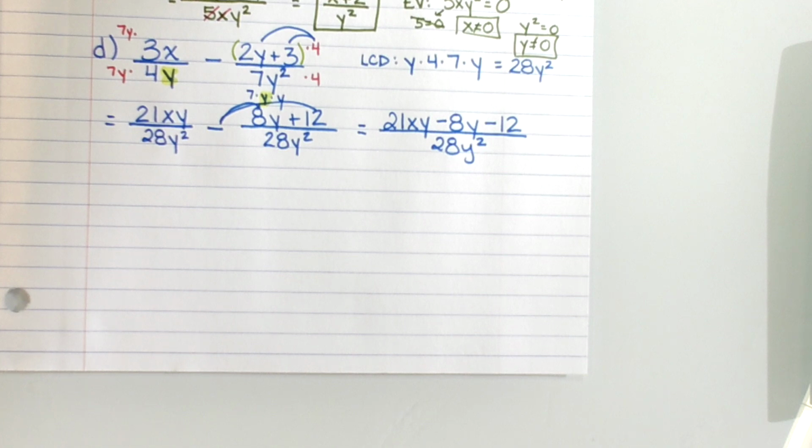If I want to simplify, I look at the fraction. I combine like terms if I can. Are there any like terms on top? No. And if there's pluses or minuses, in order to simplify, I must what? It starts with an F. Factor. I always start with what type of factoring? GCF, greatest common factor. Is there anything that divides out of 21xy, 8y, and 12?